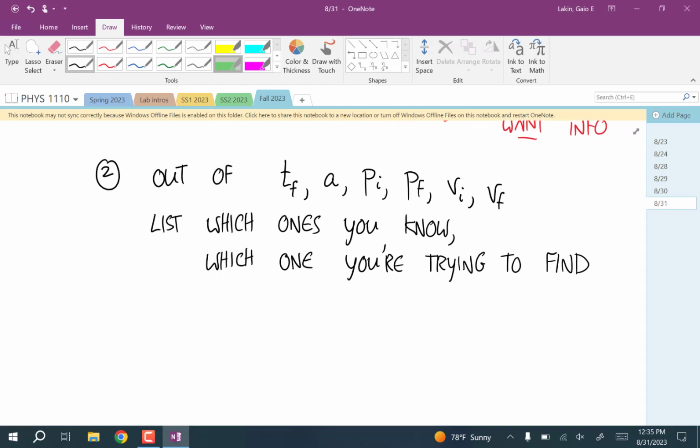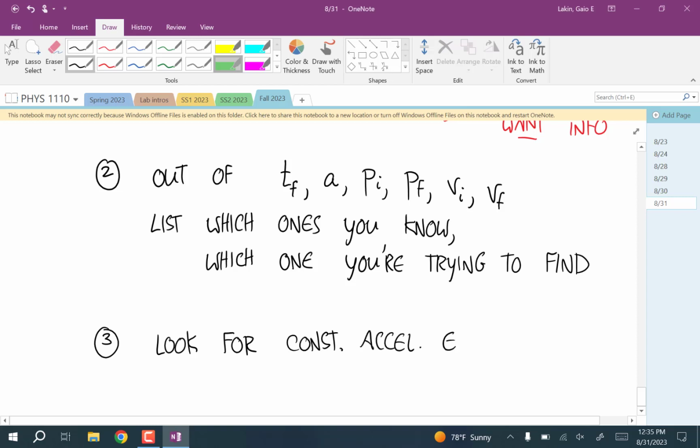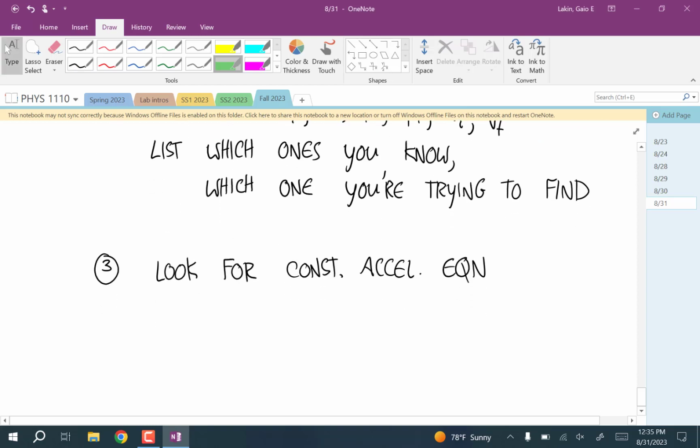Third, and most of the time this is the last step, look for a constant acceleration equation of the 3 that I gave you that has the variable you want, because you can't use an equation to solve for a variable it doesn't have.